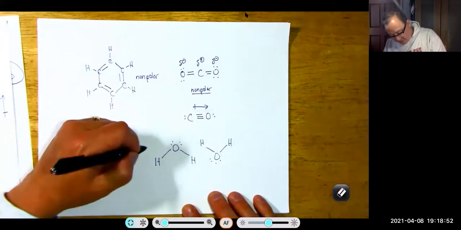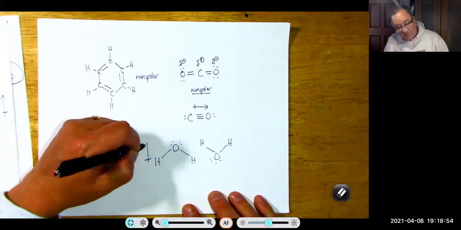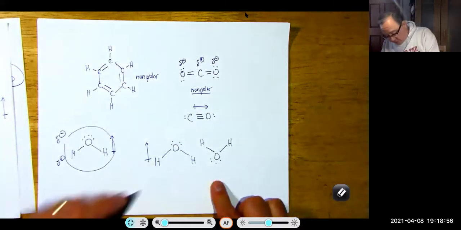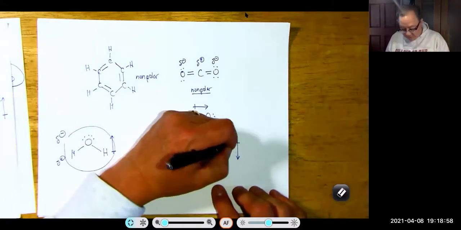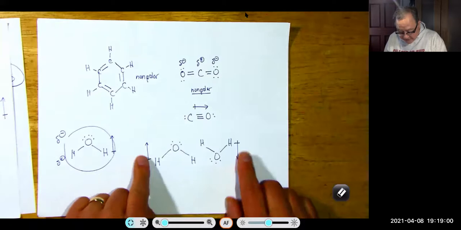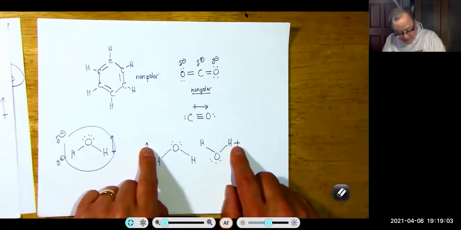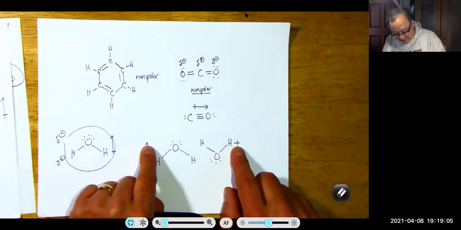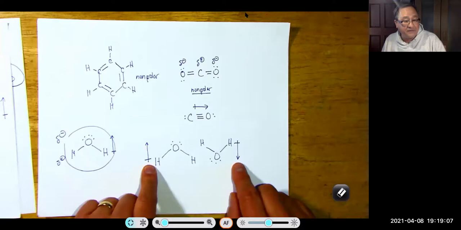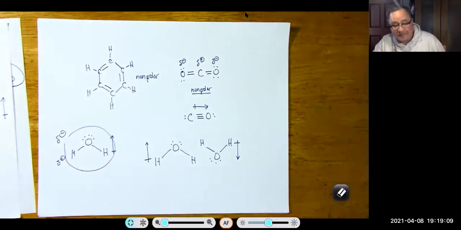Because this one has this molecular polarity and this one has this molecular polarity, you can see that the positive would be attracted to the negative. And down here, the positive would be attracted to the negative, because opposites attract, right?